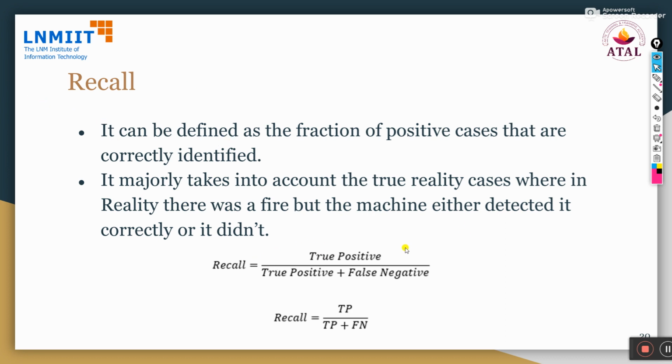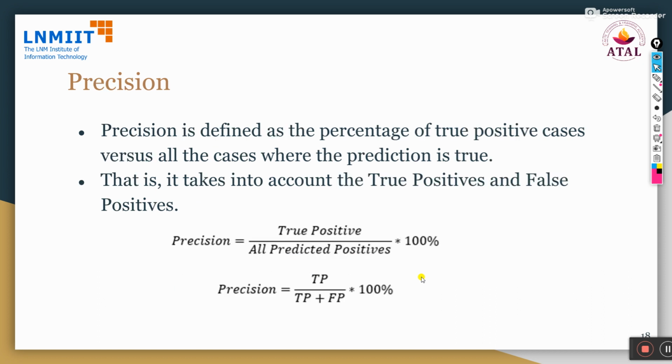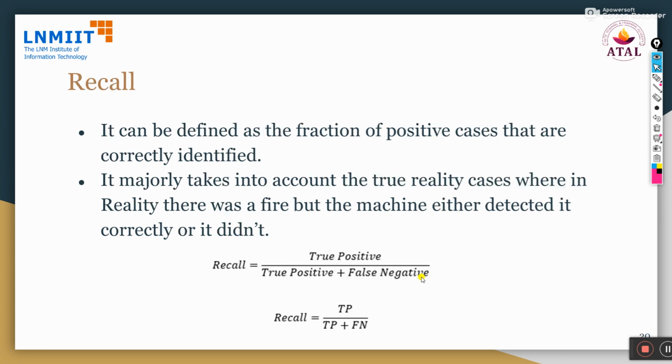Recall is true positive over true positive plus false negative. The difference between recall and precision is that both have true positive in the numerator, but in the denominator precision has true positive and false positive, whereas here we have true positive and false negative.